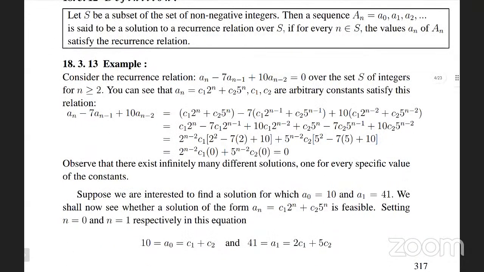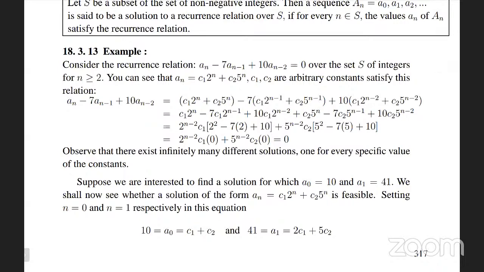Now, it is example 18.3.13, if I observe. Now solve the recurrence relation a_n minus 7 a_(n-1) plus 10 a_(n-2) equal to 0, where n is greater than or equal to 0. What I can take is x square minus 7x plus 10 equal to 0.